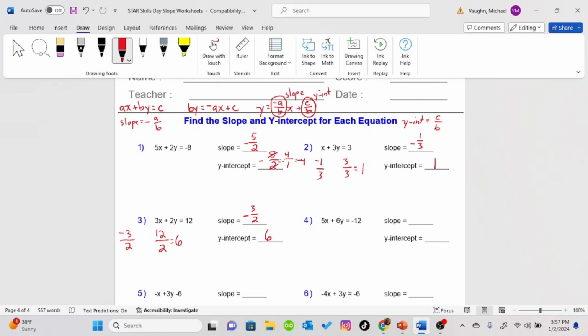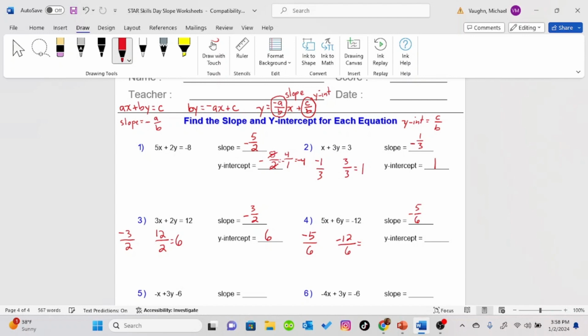For number 4, my slope is negative a, which is 5, over b, which is 6. So my slope is negative 5 over 6. And my y-intercept is c, which is negative 12, over b, which is 6.